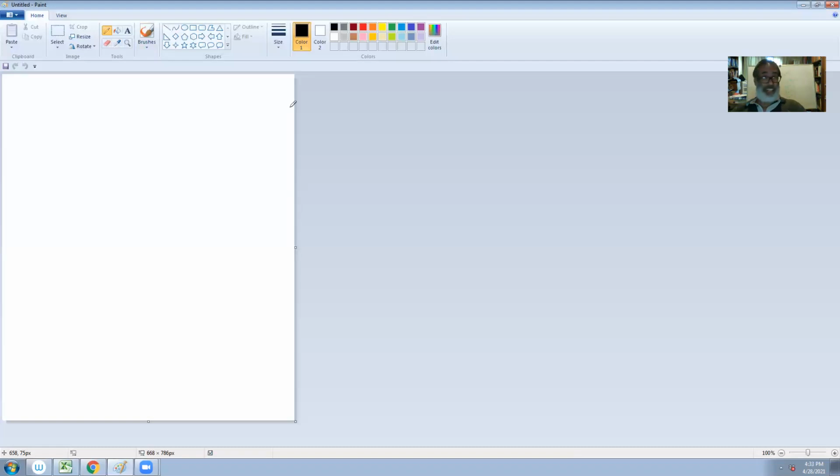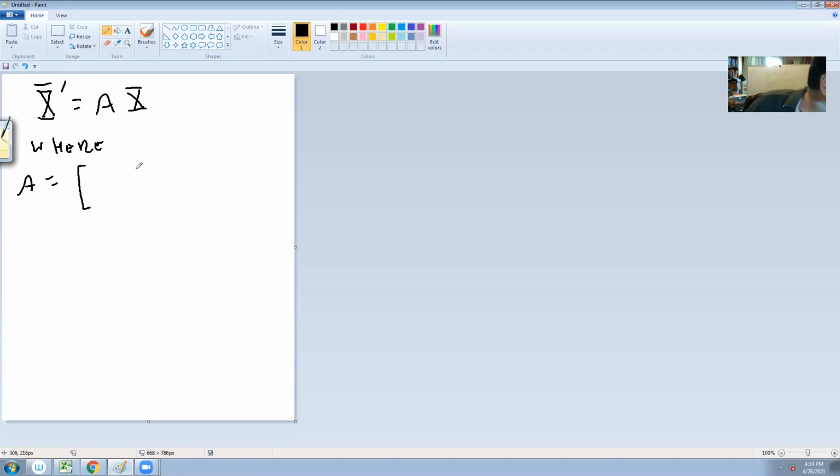Now, in this particular case, we're going to start with the differential equation x bar prime is equal to A x, where A is the following matrix: -1, 6, -3, 8.